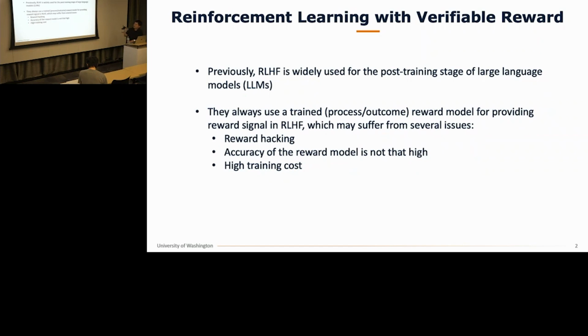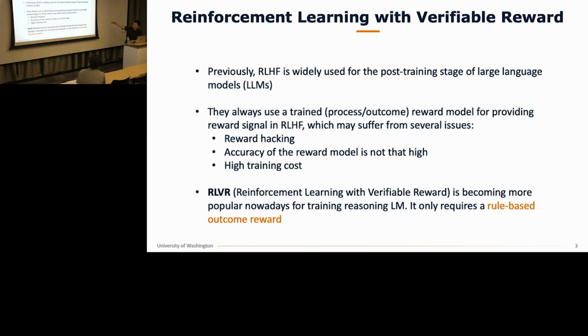This approach often requires a trained reward model to provide the reward signal, and that can have several issues. You need to hack the reward to make the training stable. You need an accurate reward, but this reward needs to be estimated. It also involves high training costs. So what we are going to study is reinforcement learning with verifiable reward, which is becoming more and more popular nowadays, especially for training the reasoning capability of language models.